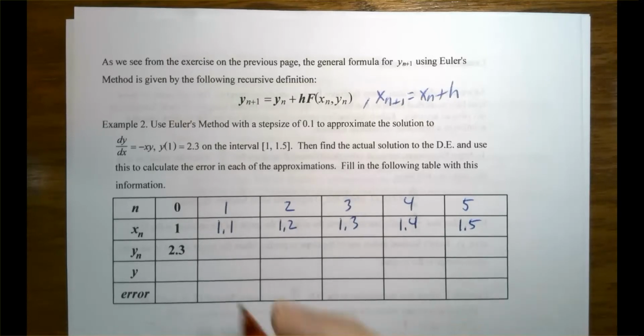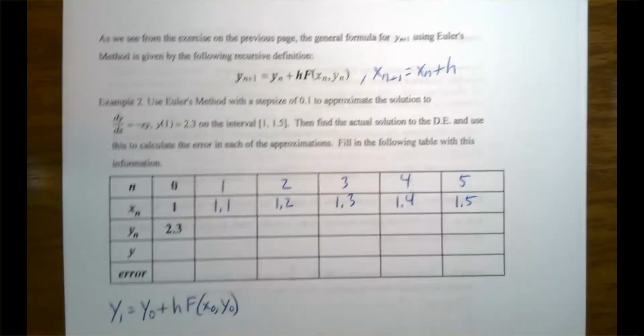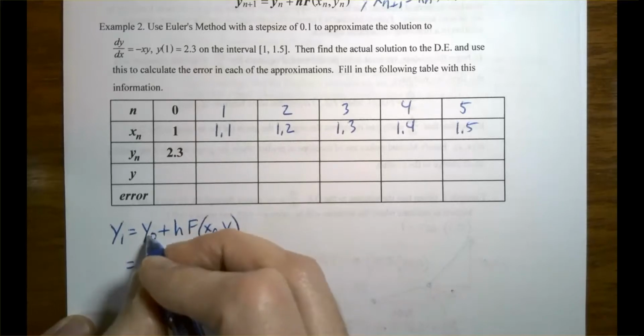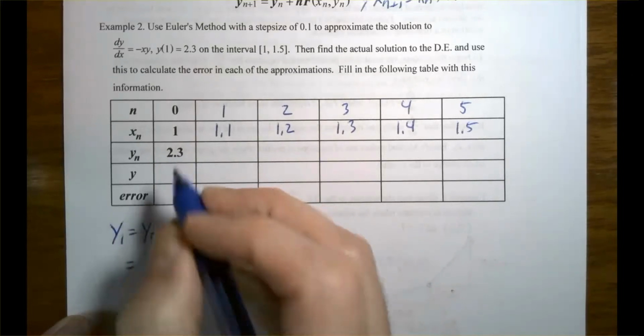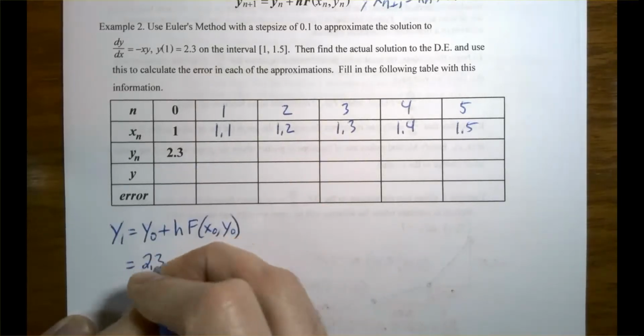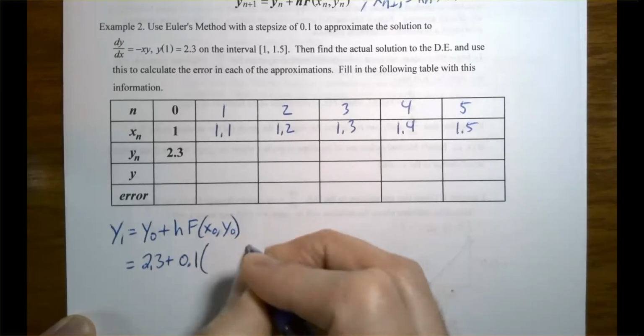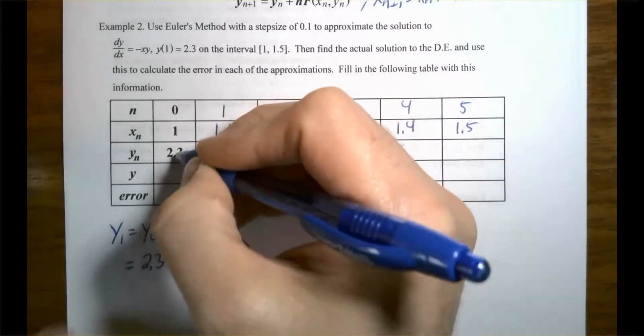So I'll do the y's in blue, I guess. I know that my y1 will equal my y0 plus my step size, which is h, times f at x0, y0. Fill in what these values are. y0 is my first y value, that's 2.3, plus my step size, that's 0.1, times the function at the previous point.